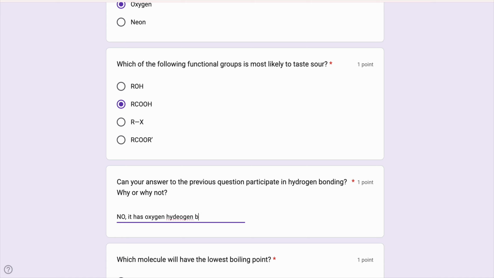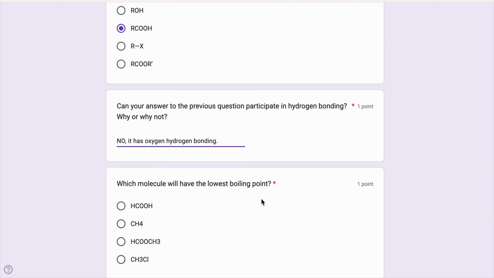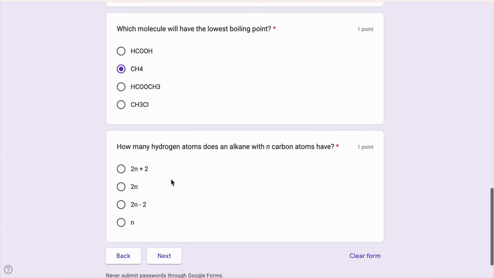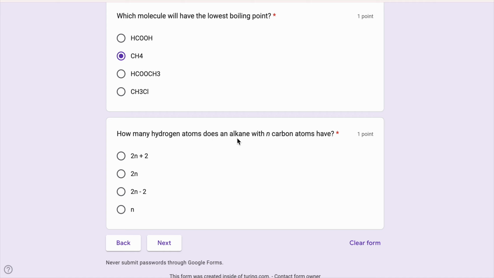Oxygen hydrogen bond. Which molecule will have the lowest boiling point? How many hydrogen atoms does an alkane with n carbon atoms have?